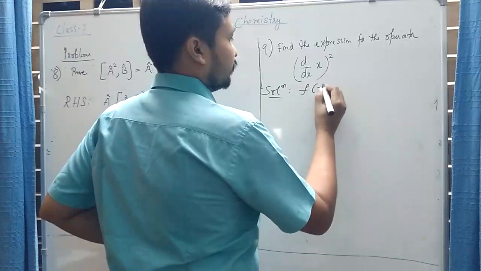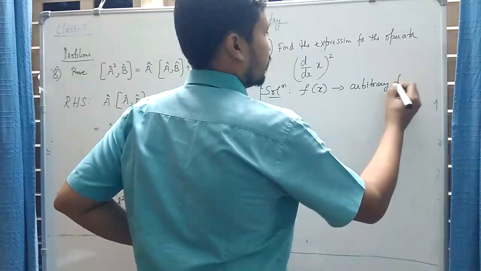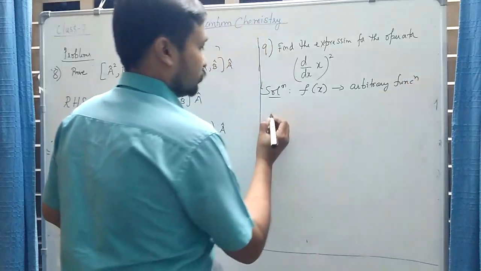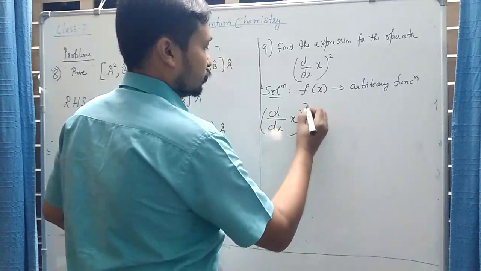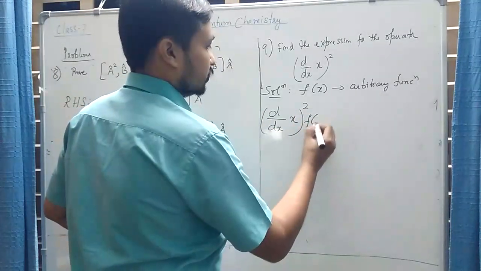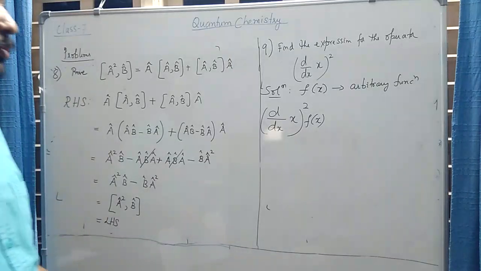Say for example f of x is an arbitrary or random function. So what is (d/dx · x)² when applied on this arbitrary function? Because operators are always applied on a function.